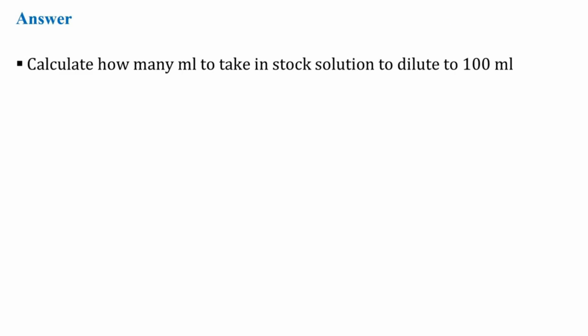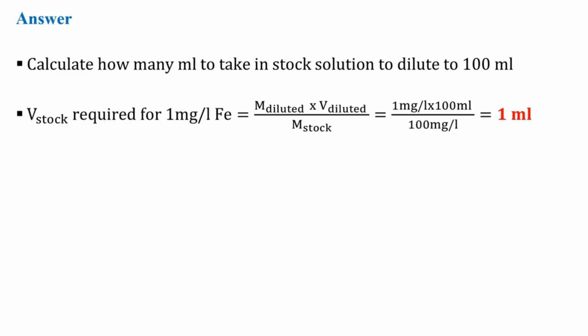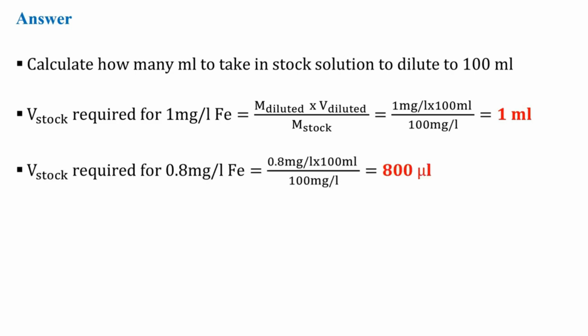So it's the same, but with the formula, we need to calculate how many milliliter to take from the stock solution to dilute to 100, because the student has only flasks of 100 milliliter. For 1 milligram per liter of iron, he will need 1 milliliter. For 0.8 milligram per liter of iron, you need 0.8 milliliter, which compared to microliter, multiplying by 1,000, we get 800 microliter.